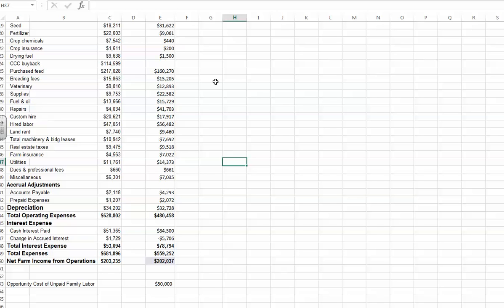Let me illustrate this. Let's say you take the net farm income from the farm business, and it's 202,037. Now remember, that is a return to the capital investment and to the unpaid labor.